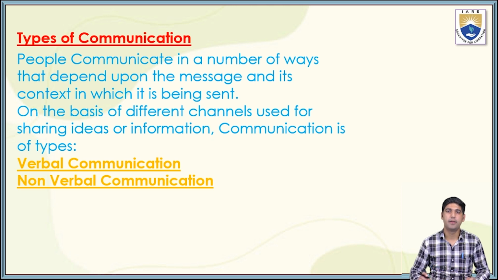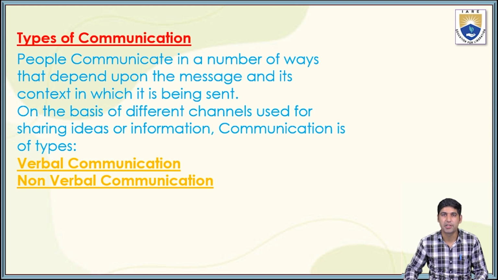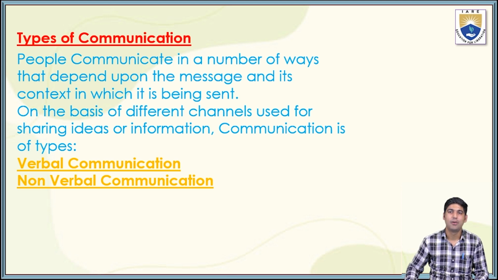For example, when we are at home, among our family members, we communicate with the help of talking. Face-to-face interaction happens there among the siblings, among the parents, among the family members. And sometimes we speak with our body language, sometimes we show some signals.